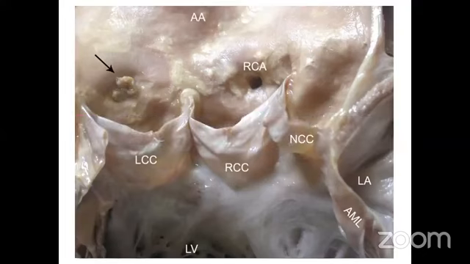Here we have obliteration of the left coronary ostium because of an atheromatous polyp.